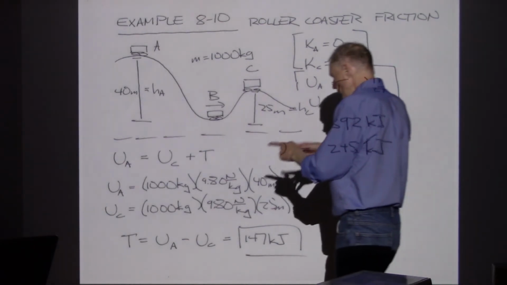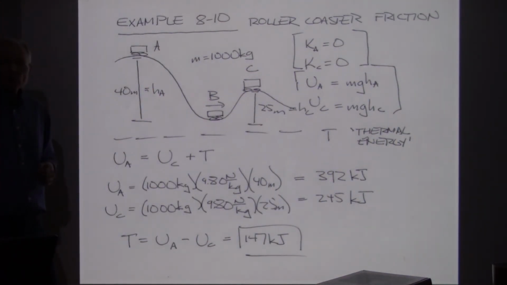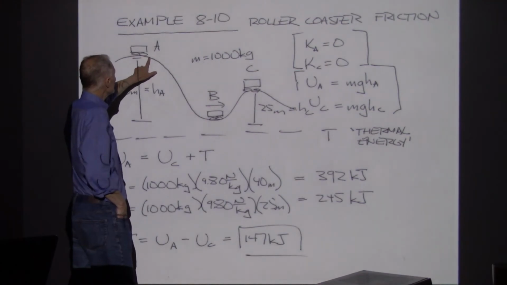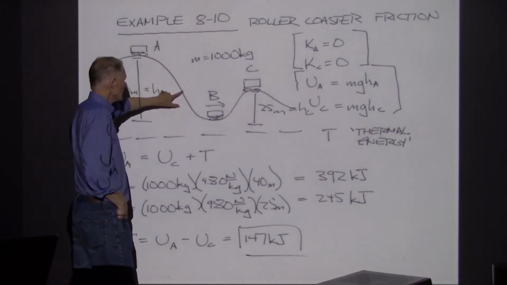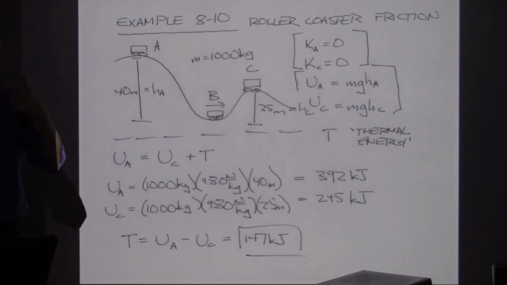And then the energy lost along the way, it's got to be thermal energy, right? Things like friction, air resistance, is going to result in the atoms and molecules moving faster. There's more vibrational energy in the atoms and molecules that make up the roller coaster. Some of that thermal energy is left along the track, right? So the track probably heats up as the wheels come along the track.